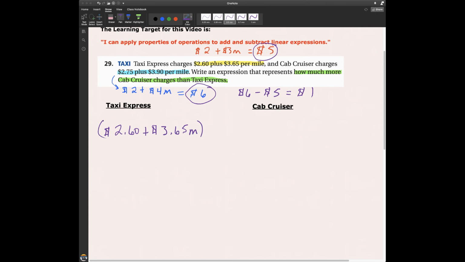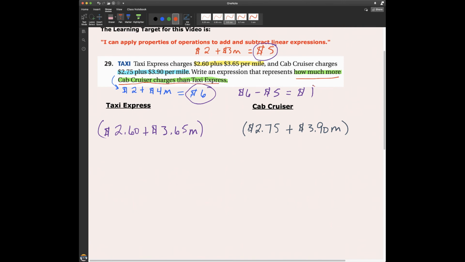Again, another color here. Cab cruiser, you're going to pay $2.75 plus $3.90 per mile. Okay. And we want to know how much more does Cab Cruiser charge than Taxi Express?